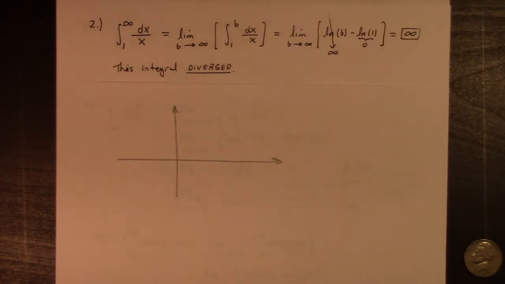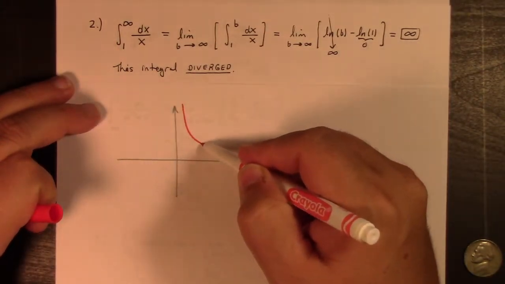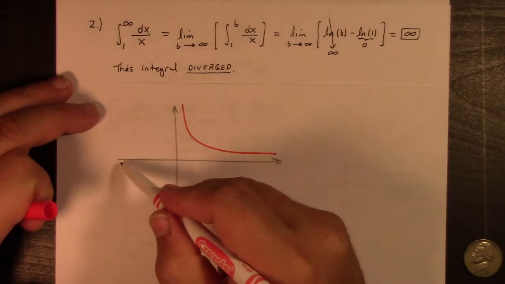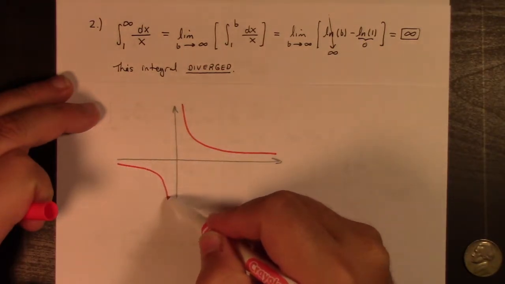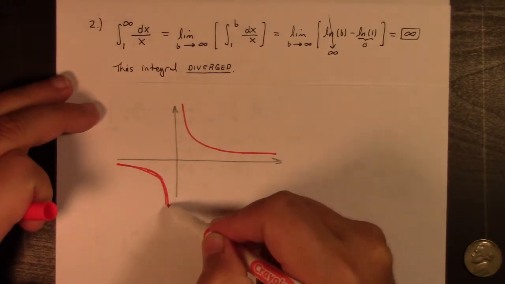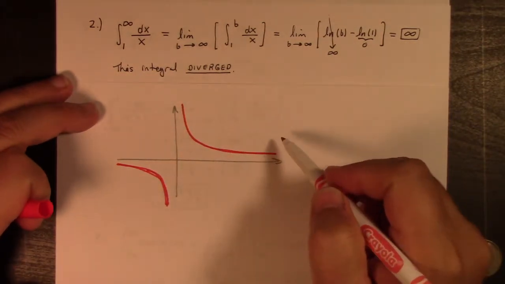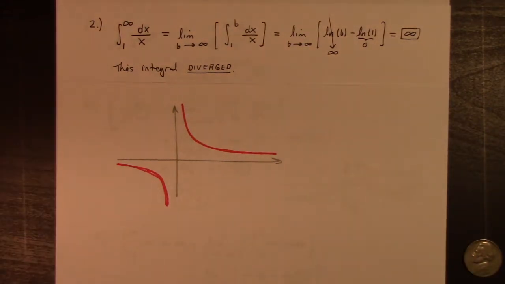What am I saying? The 1 over x, the reciprocal graph, looks like this, right? And there's actually another branch over here. Technically speaking, this is a hyperbola which opens up asymptotically to the x and y axes. I don't know if you ever noticed that or not, but it's the case.